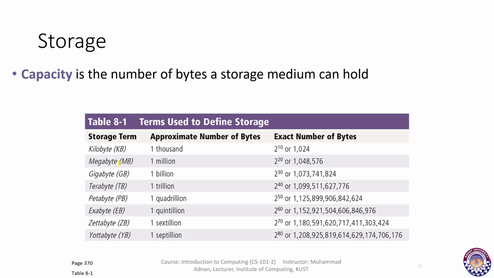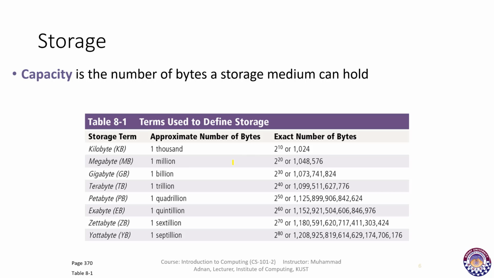And then we have megabytes. Megabytes mean 1 million, or 1048576. And then you have gigabyte, terabyte, petabyte, exabyte, zettabyte, yottabyte.